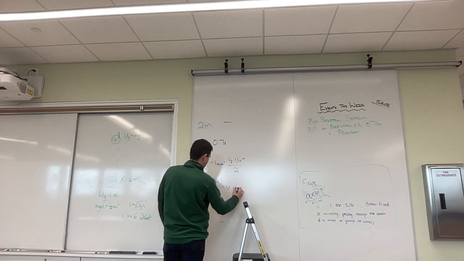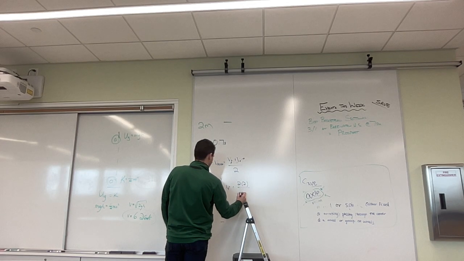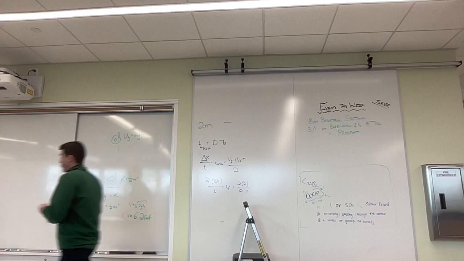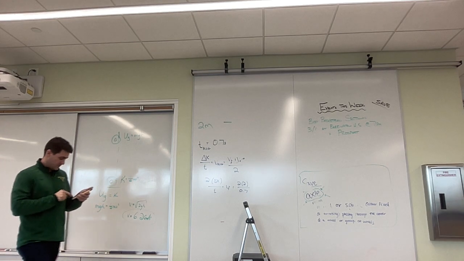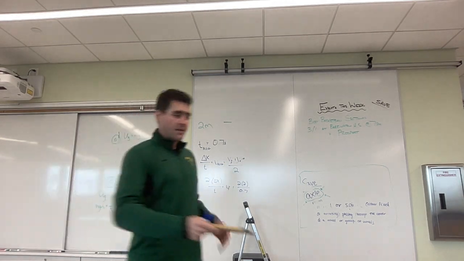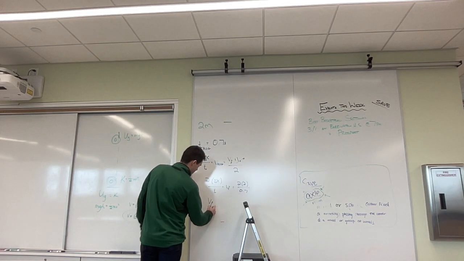And what it ends up being is 2 times 2 over 0.7, so 4 divided by 0.7. I end up with 5.7 as a final velocity value.